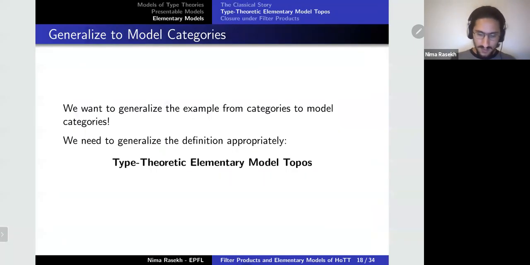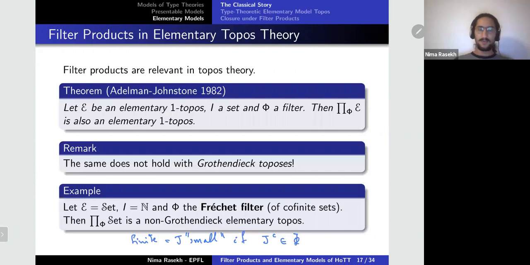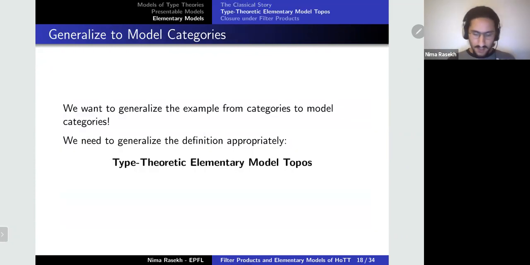So what we want then is to generalize this. The goal is to say this result also holds in the model category theoretic setting. Here we run into the classic problem: you need some definition for what the correct analog of a type theoretic model topos should be. And this is still highly disputed among people.